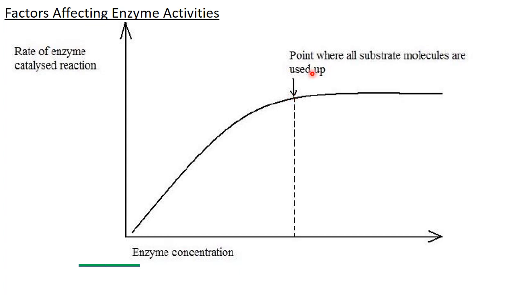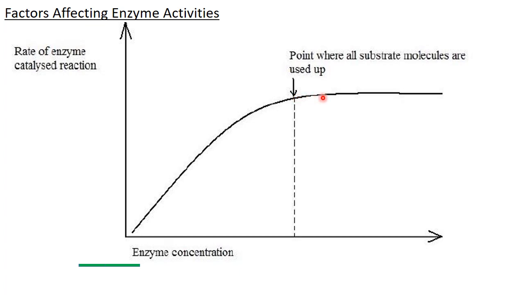So don't mind this, I think I used a wrong graph. This was supposed to be for the next point. But at this point, there are no more active sites for substrates to fit in. So even if you increase the number of substrates, the rate of an enzyme catalyzed reaction won't change.